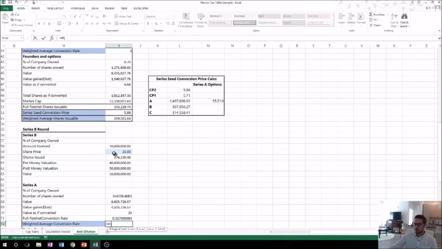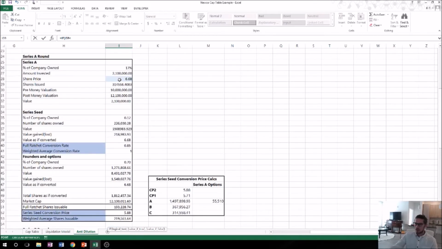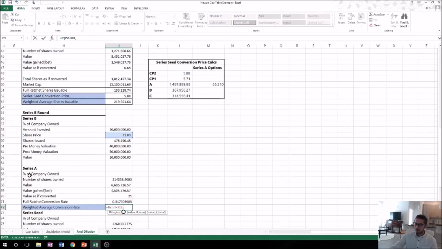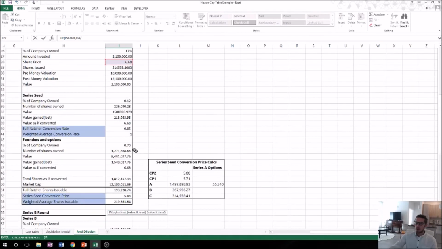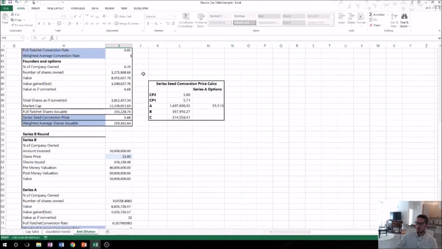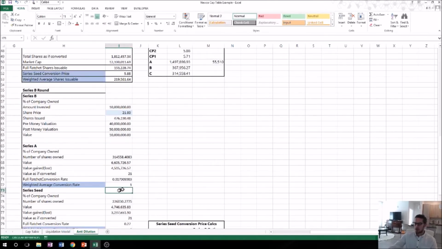Say if this is less than this, so if the Series B share price is less than the Series A share price, then take the number of shares owned by Series A and divide them by the number of shares issued originally. Otherwise, just give us 1, and we have a 1 there.